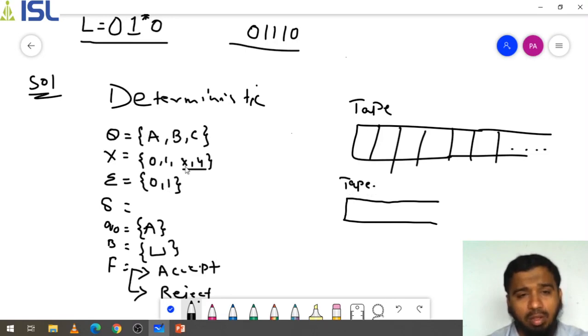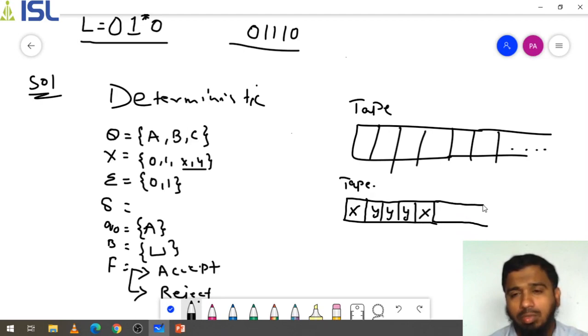We have X comma Y. X is representing 0, and Y is representing 1, and at the last there must be X. After that, as I told you, the length of the tape is infinite, so blank will be represented by this symbol and so on.